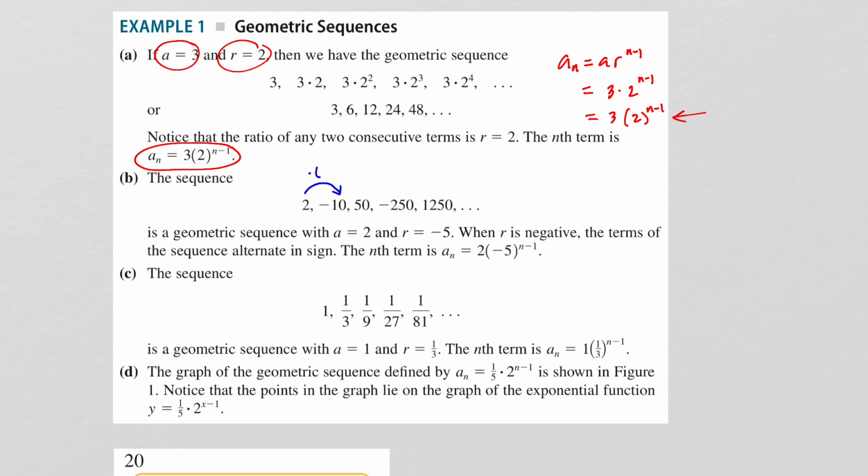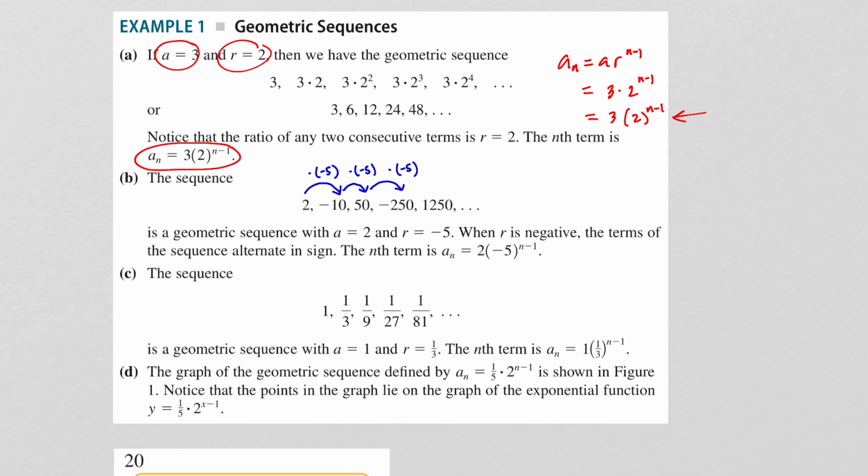And this is not too hard to see that we are multiplying by -5. To go from -10 to +50, we are once again multiplying by -5. To go from 50 to -250, we are multiplying by -5, etc. And so every time we are multiplying by the same number to get the next term.